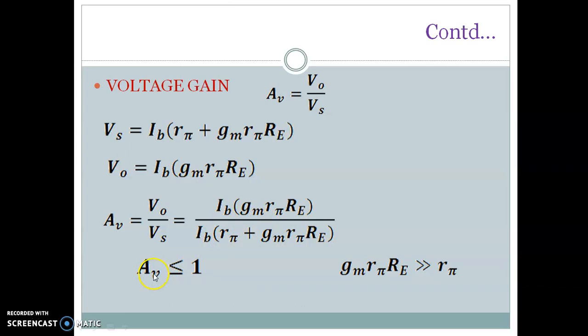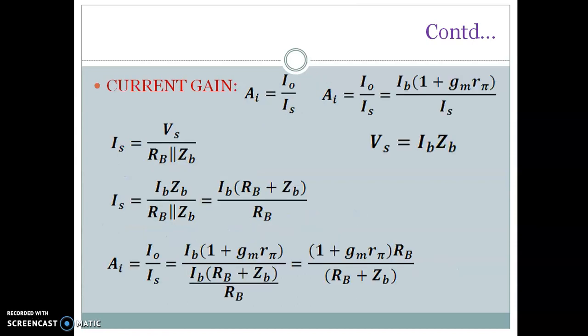So we get AV, the voltage gain will always be lesser than 1. If you make the assumption that gm r pi RE is very much greater than r pi, then we can take that approximately my AV is approximately 1. So this can act as a voltage buffer because voltage is not amplified; it has been amplified by a factor of 1. So therefore we can claim that this is a voltage buffer.